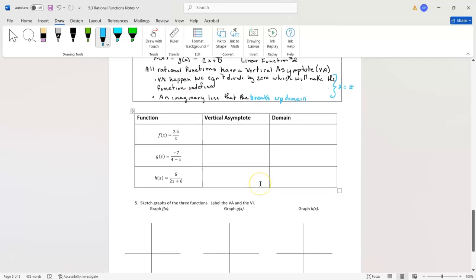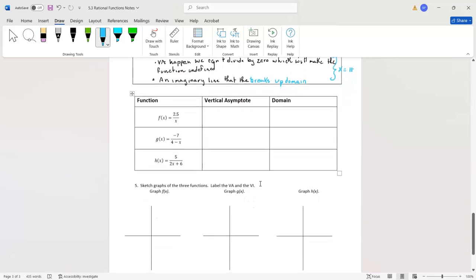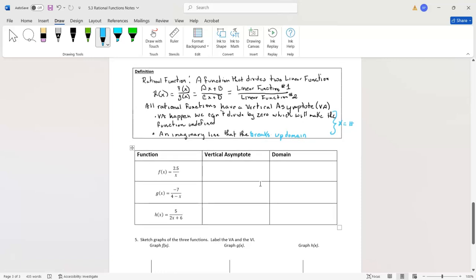And so we're going to look at a couple of graphs to see how we're going to graph these, to make sure that we understand what this idea of a rational function having a vertical asymptote looks like in terms of a graph.